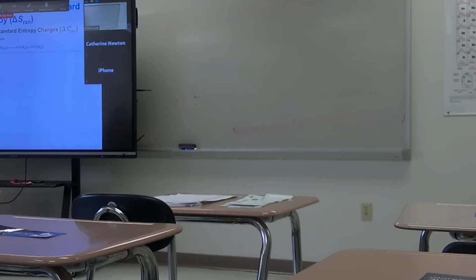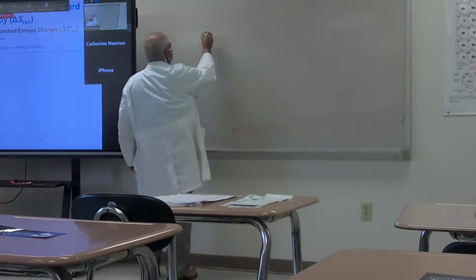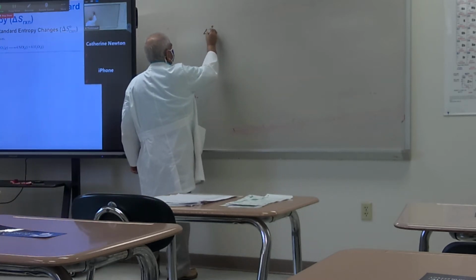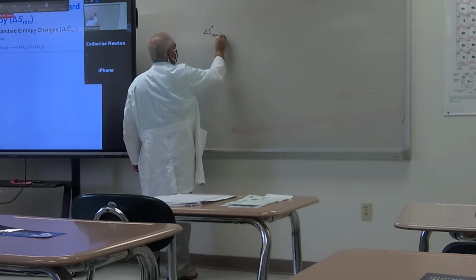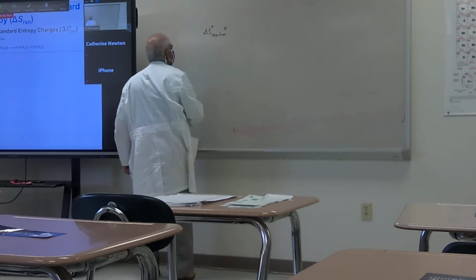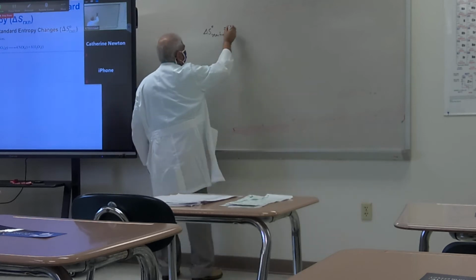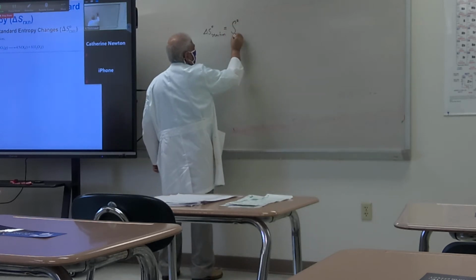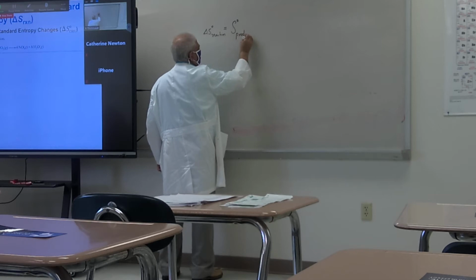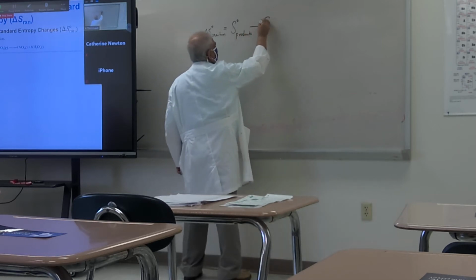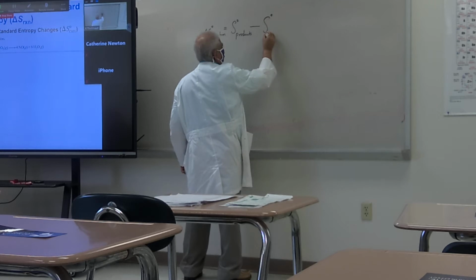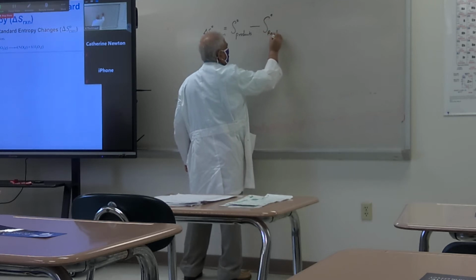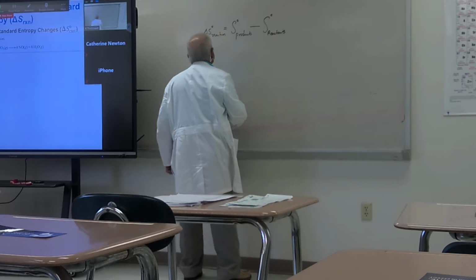For this reaction, ammonia undergoes oxidation to give you nitric oxide and 6H2O. They want us to calculate the delta S of the reaction. So the delta S0 of the reaction equals S0 of the products minus S0 of the reactants.